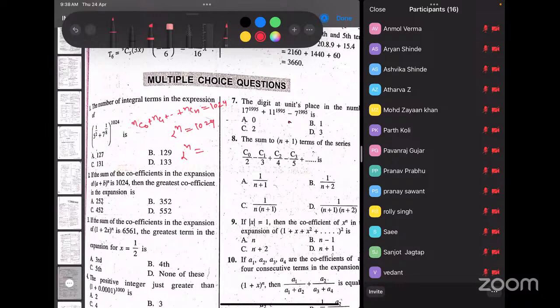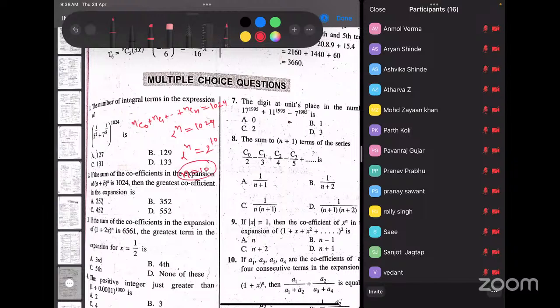Okay, I will convert it. 1024 is 2 into 2 into 2 into 2 into 2 into 2, counting 1, 2, 3, 4, 5, 6, 7, 8, 9, 10. This will be 2 raised to power 10. So n will be 10.